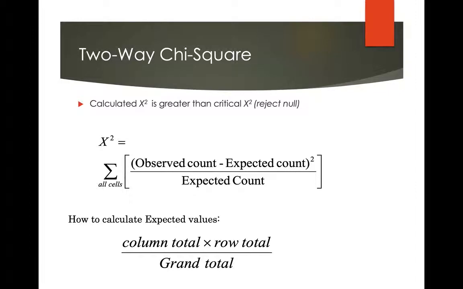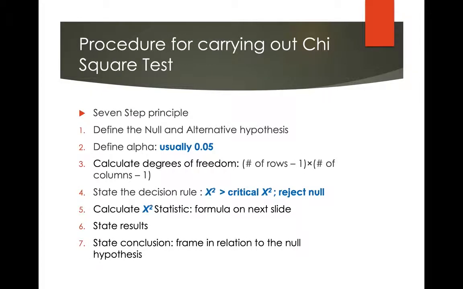Later on, I will go through an example in which I will share with you what a contingency table looks like. Similar to our one-way chi-square test, we use the 7-step principle in order to carry out our two-way chi-square analysis.